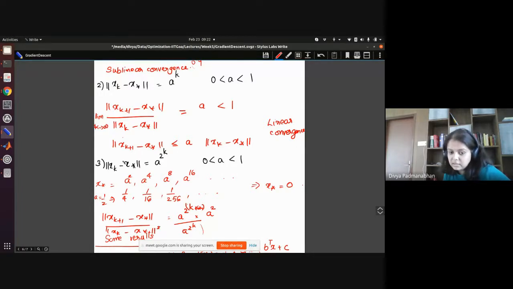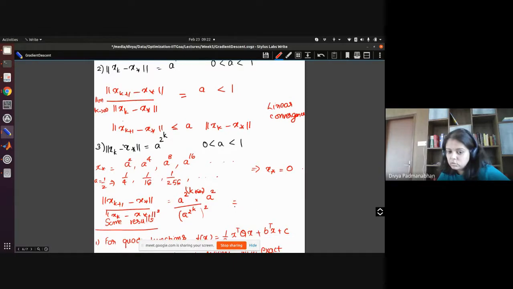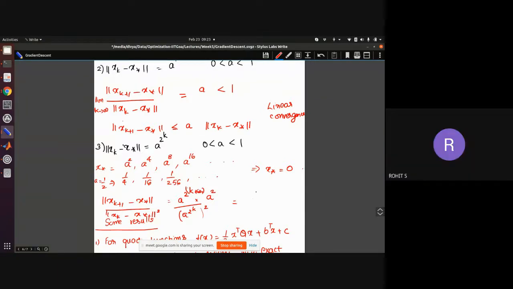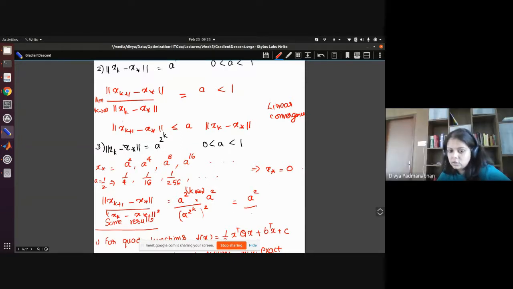If you take the square, what does this simplify to? Any thoughts here? A square by A 2 power k. So this is going to be something less than 1 anyway, so this is a lesser quantity.